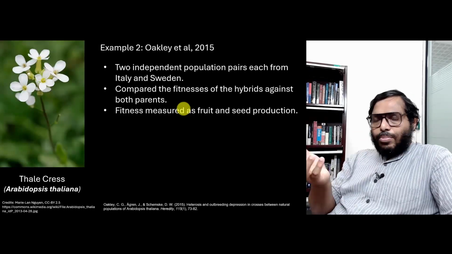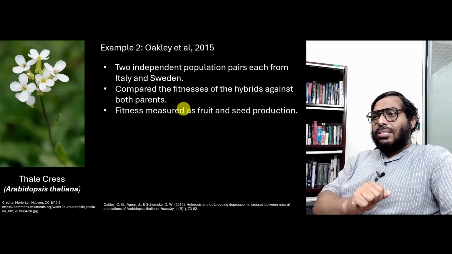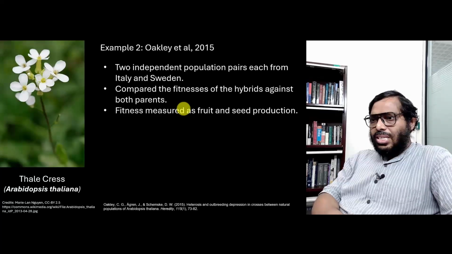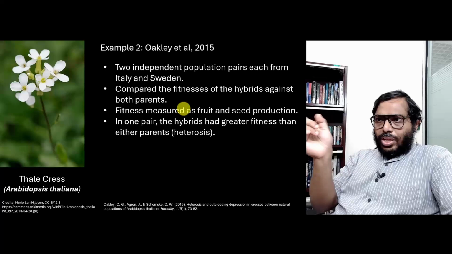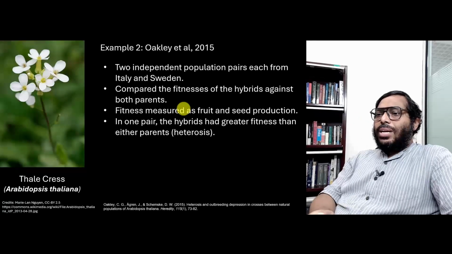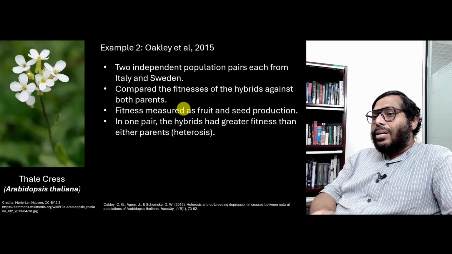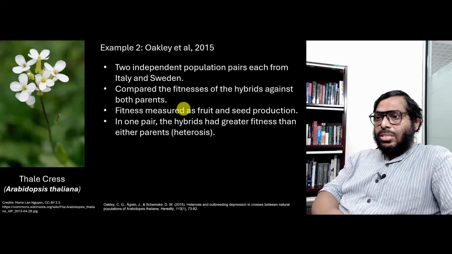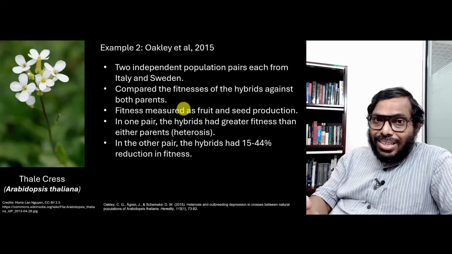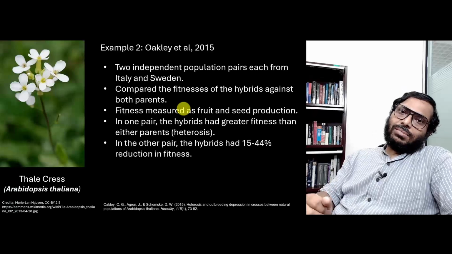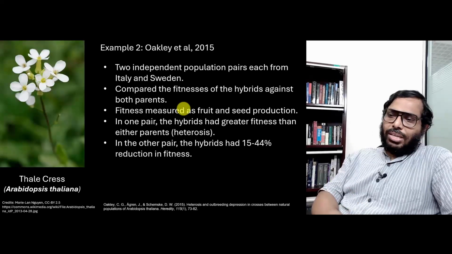In this particular case, they measured fitness as how many fruits were set and how many seeds were set. In one pair, between the Italy and Sweden pair, the hybrids had greater fitness than either parent, what I call heterosis. In the other pair, the hybrids had a 15 to 44% reduction in fitness. Fitness, as I said, is fruit and seed production.